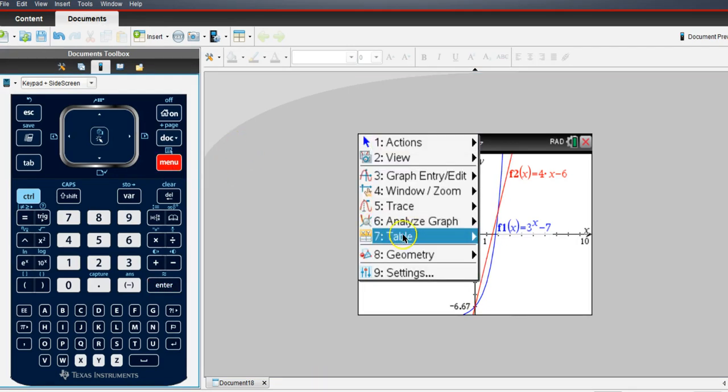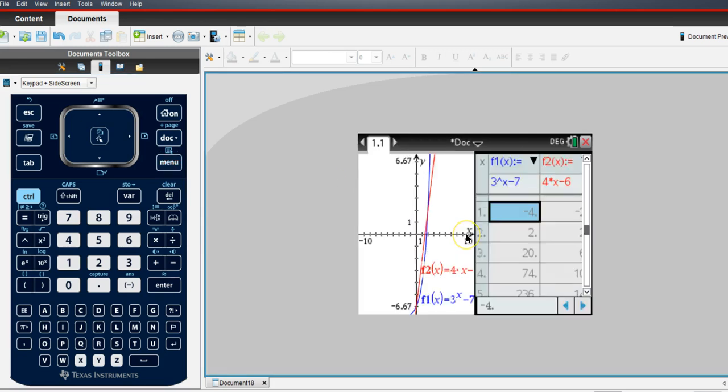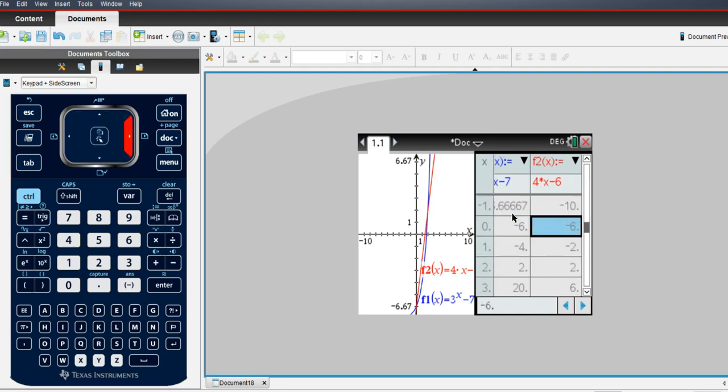Let's graph both of these. So table. All right, now here I can kind of see both at the same time. Again, our x value, first y value, second y value. So we're going to be very careful how we draw these. So our first point is at 1, -4. Let's see if I have other ones.